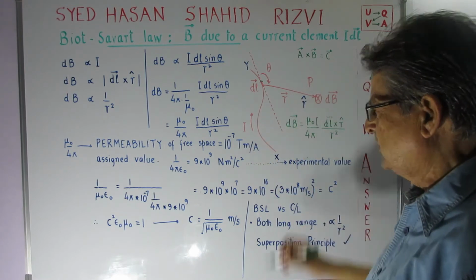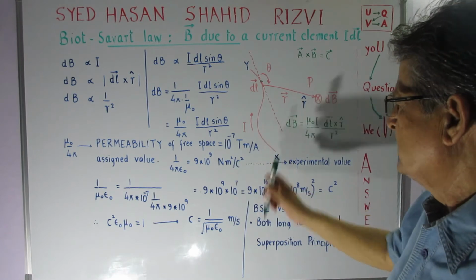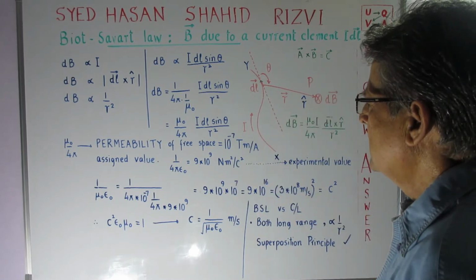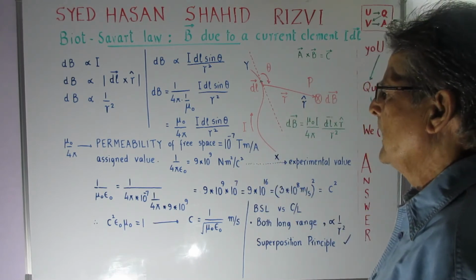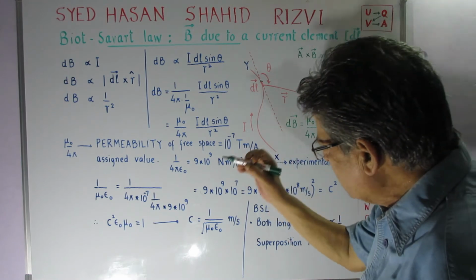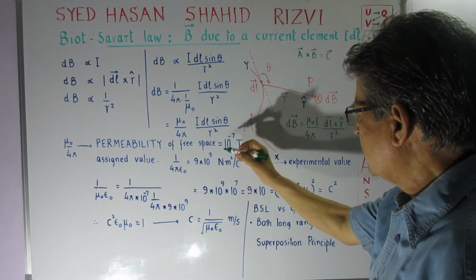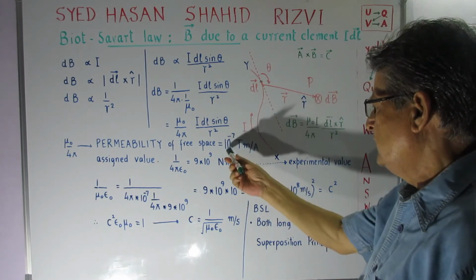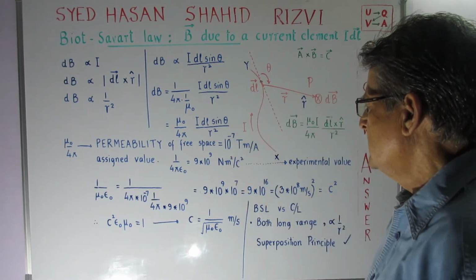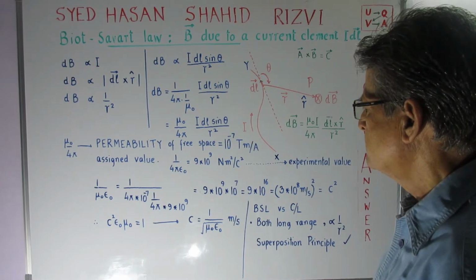You can check the unit, it will be Tesla meter per ampere. I am not going to prove that to you. Permeability of free space, vacuum, something called nothing: 10 to the power of minus 7 Tesla meter per ampere.